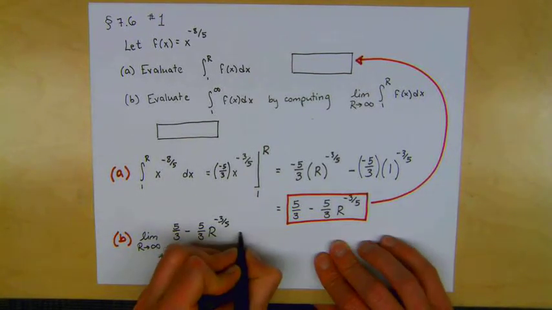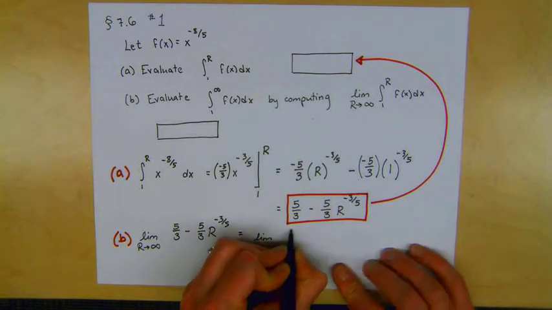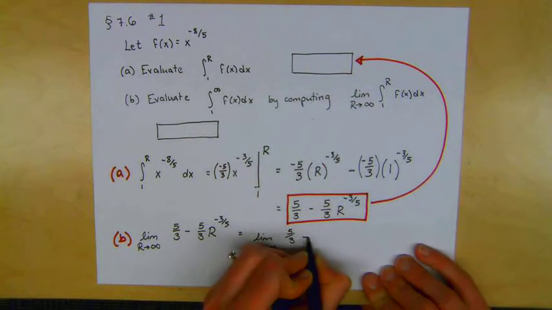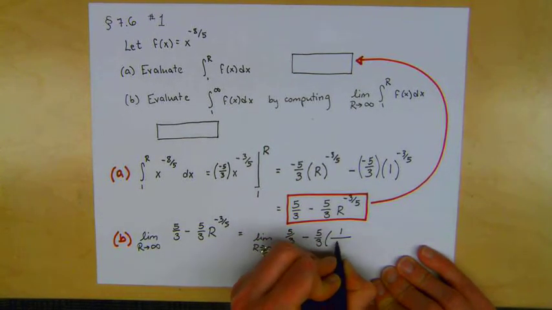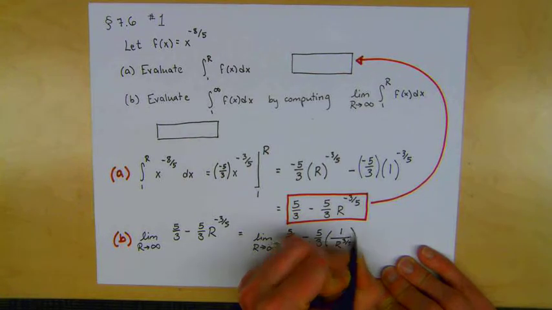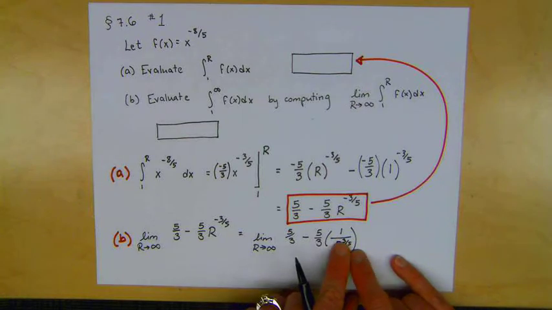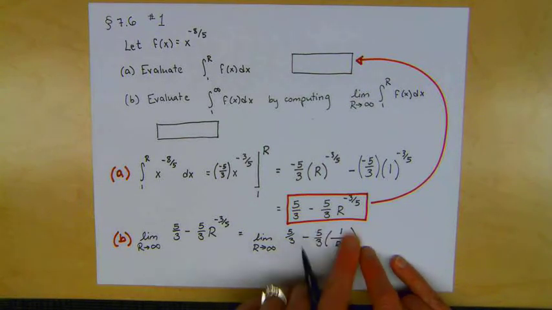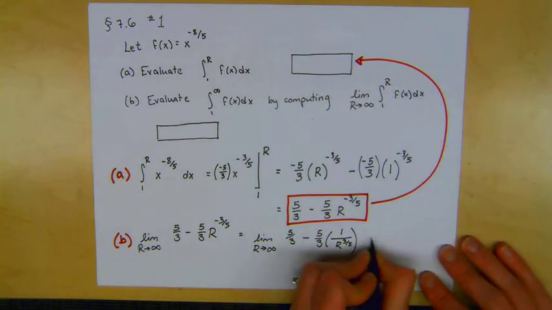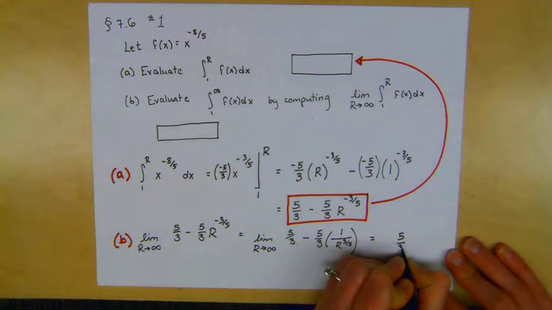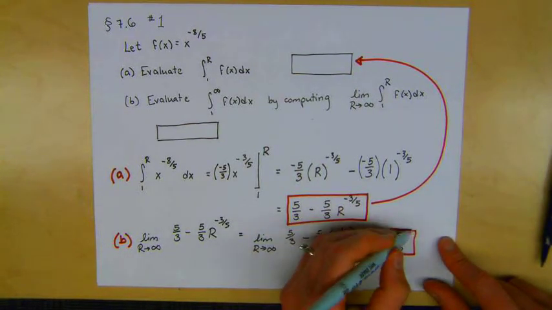And recall, anything raised to a negative power is the same thing as being raised to the positive power, just in the denominator. So this is 5/3 times 1 over r to the 3/5. And as r approaches infinity, this value approaches a very large number, which means the limit of this is equal to 0. So this term becomes 0, and I end up with a limit that is 5/3. And that's what's being asked for in part B.